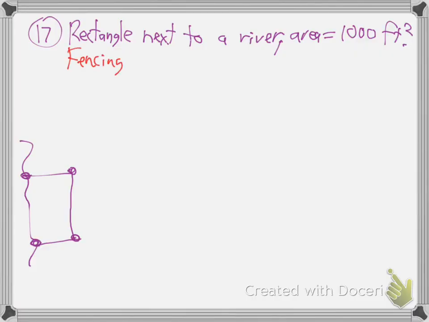So the fencing parallel to the river is $9 per foot. So that's going to be this side over here, isn't it? See how this side goes parallel to the river? Correct.